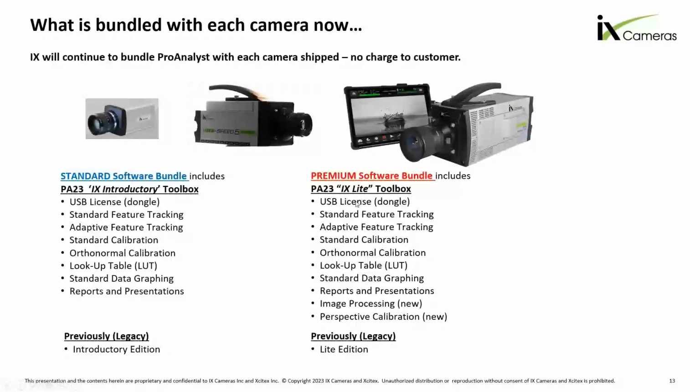In fact, they get 9 or 10 different toolkits, most of the ones that you saw before, but they also get the perspective calibration toolkit. They get the image processing toolkit, which is a new toolkit. Previously, this used to be called the Lite edition. But again, we stopped using the word editions. We're now using toolkits. Everything is a la carte.